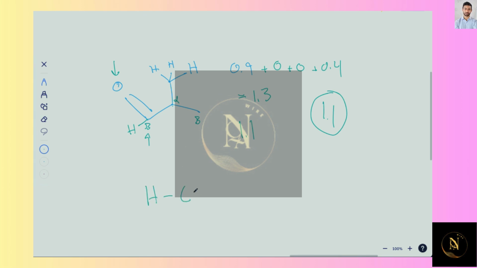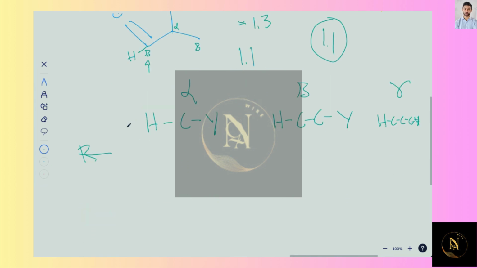It's going to look like this, and it's just going to have OR and then values in here, which tell you how much to add. So double check with your book and you may get something closer to 1.1.